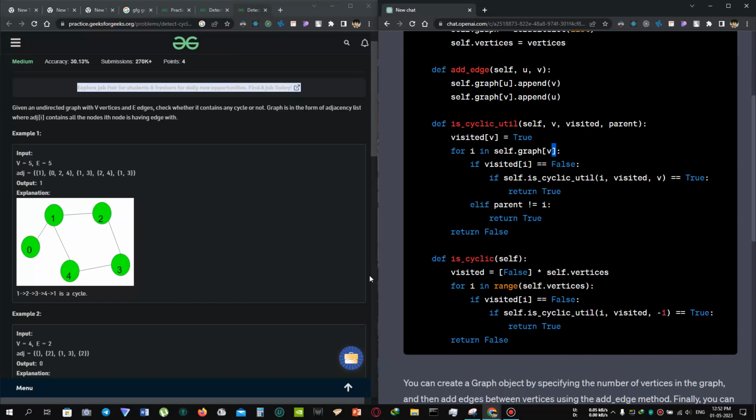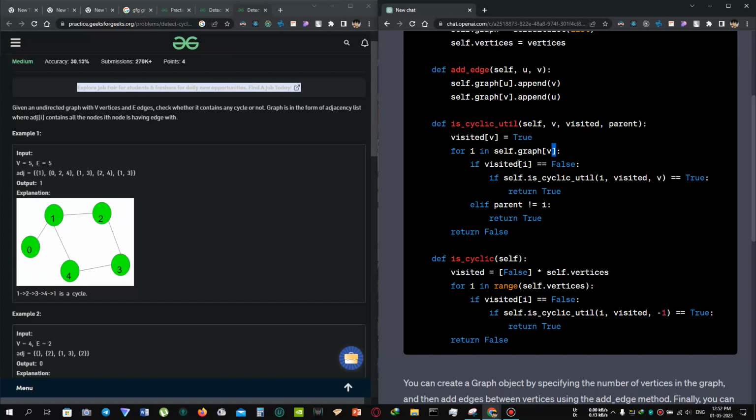Now here notice a very important thing. Let's suppose v was 1, which means this node, then a value of I could be 0, 4, 2. But we don't want to check 0, because from 0 we came to 1, so 0 is literally the parent.